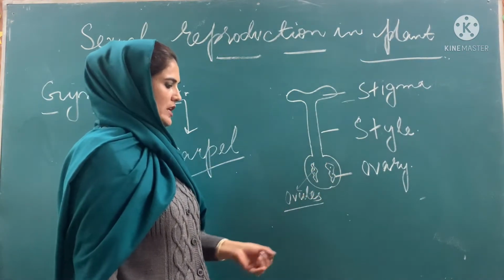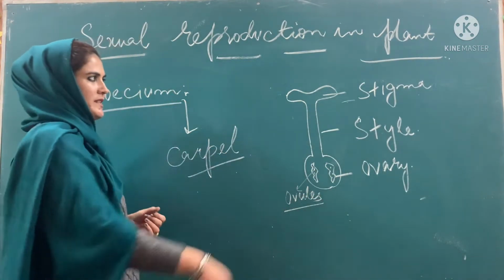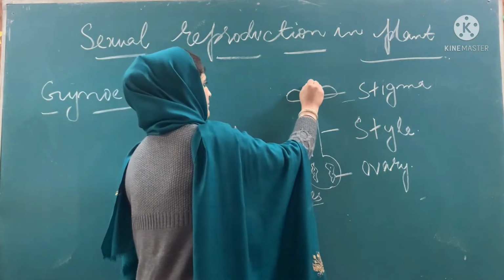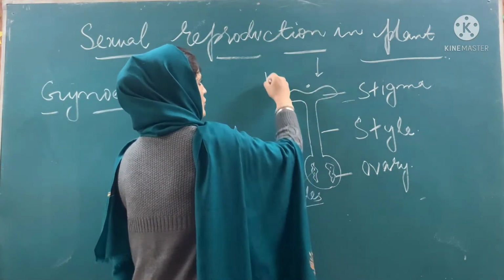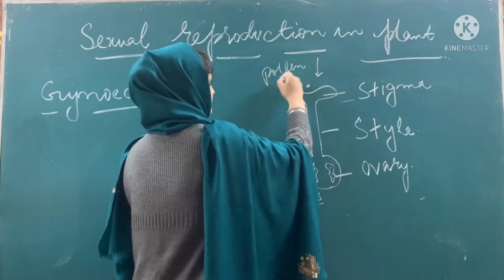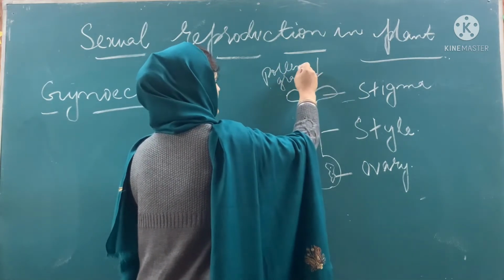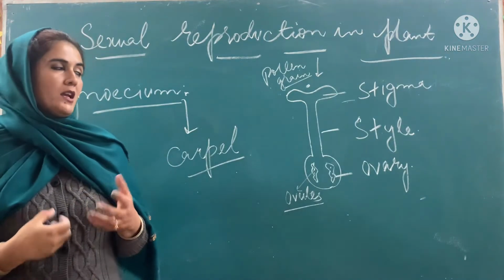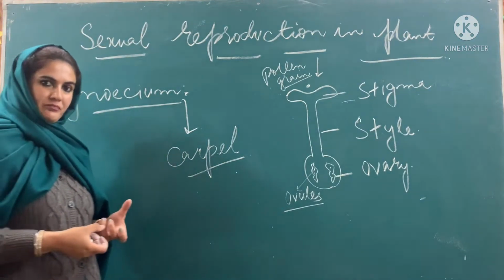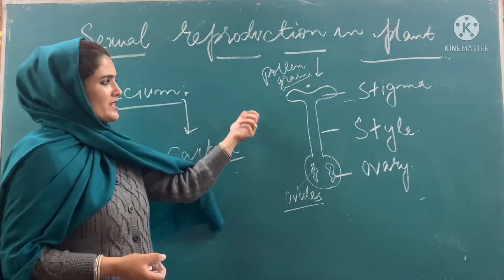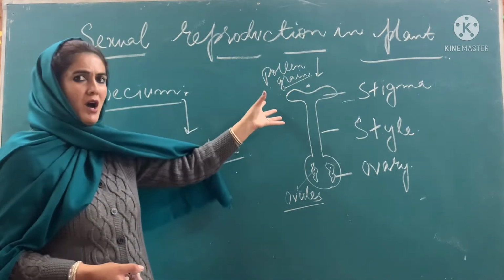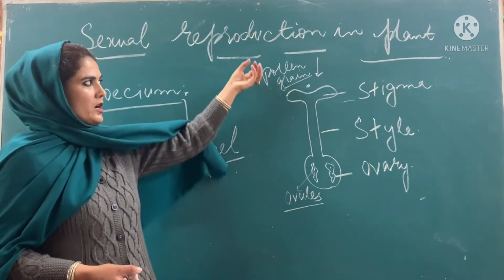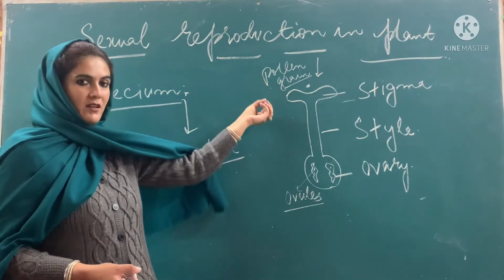Stigma is basically the receptive part for receiving pollen grains. As I told you earlier, the pollen grain is the male gamete. The stigma is the receptive part where the pollen grain lands.